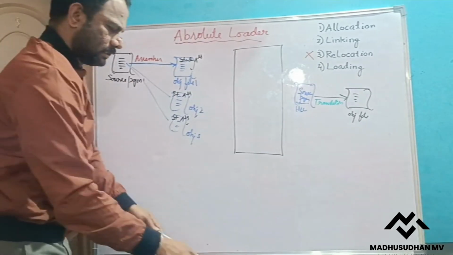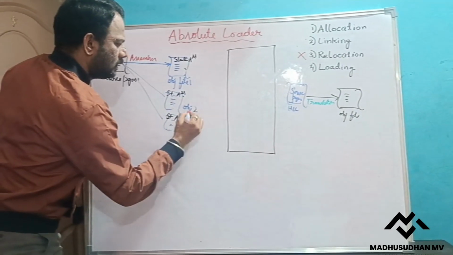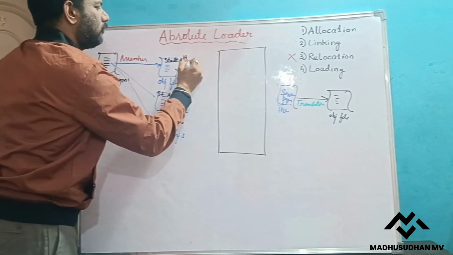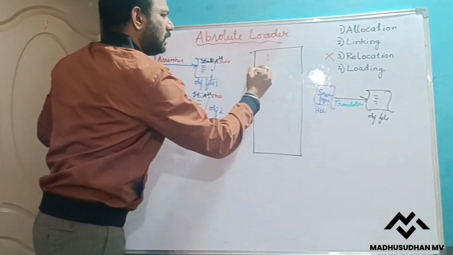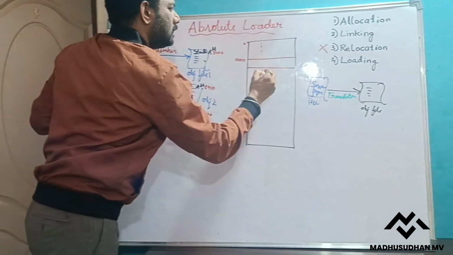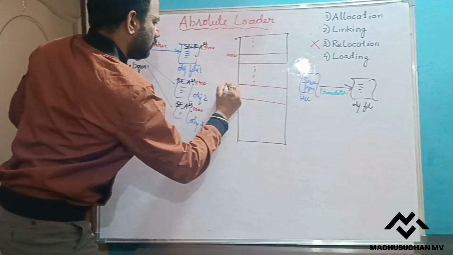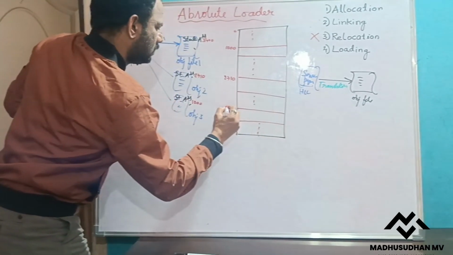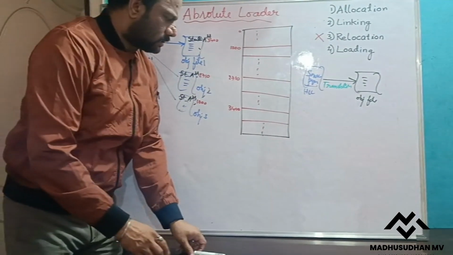For example, the starting address is 1000, somewhere it is 2710, and somewhere it is 3400.